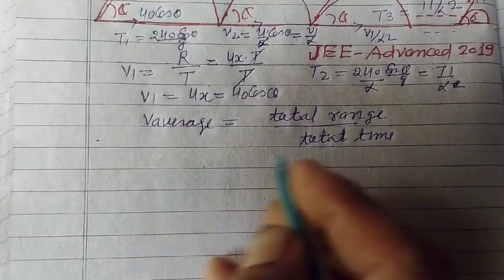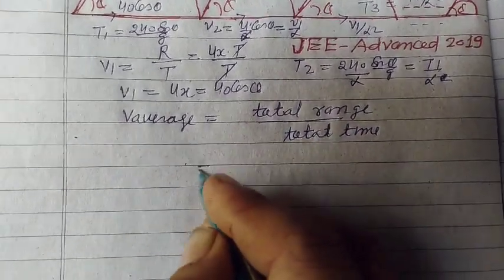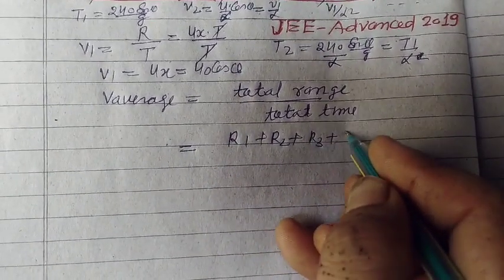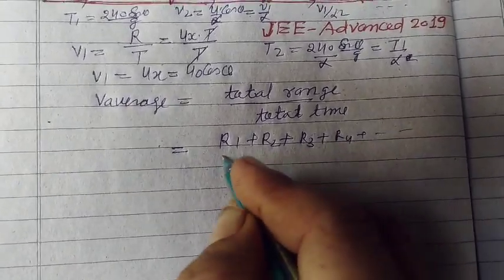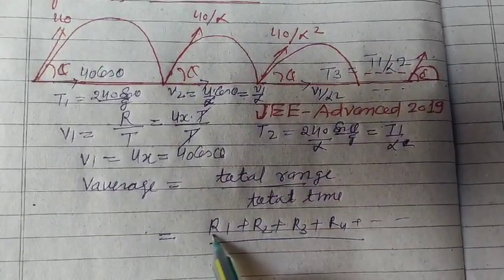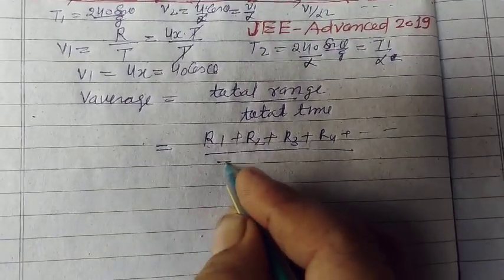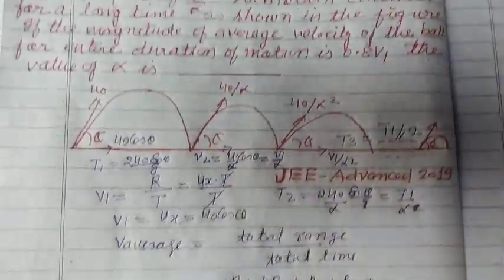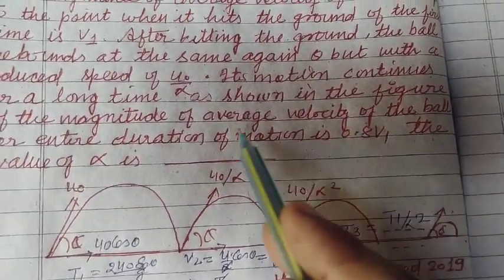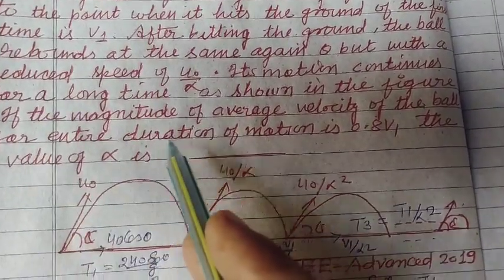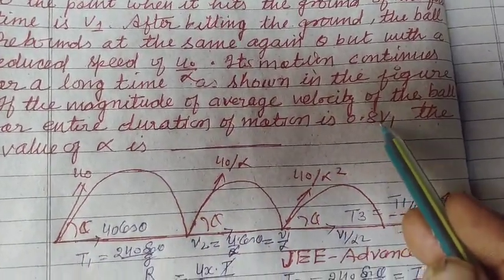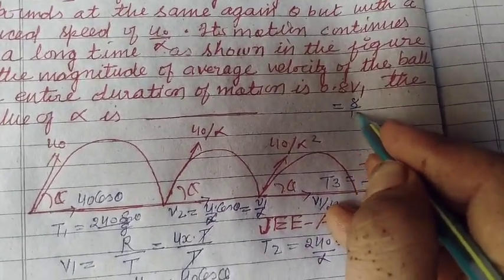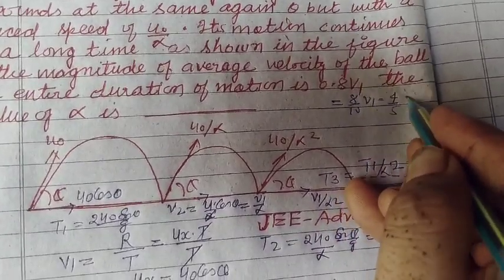So v average equals total range upon total time. It means r1 plus r2 plus r3 plus r4 in different sections, the sum of the ranges, upon the sum of the times of flight t1, t2, t3, and so on. And in the last, it is said that the average velocity of the ball for the entire duration of motion is 0.8 v1. 0.8 v1 means 8 upon 10 v1 or 4 upon 5 v1.